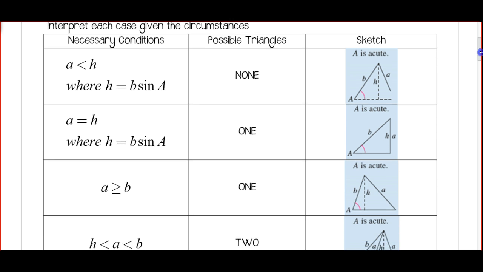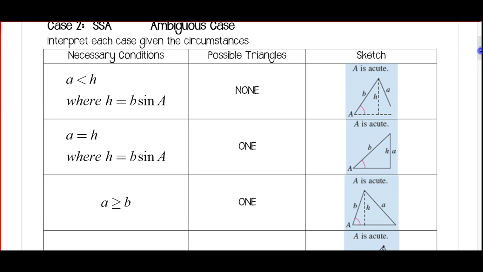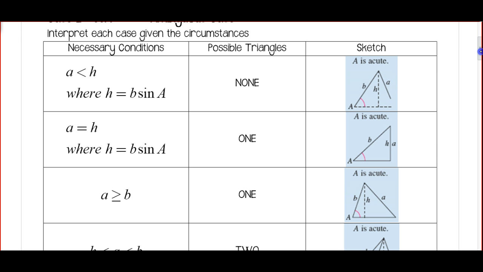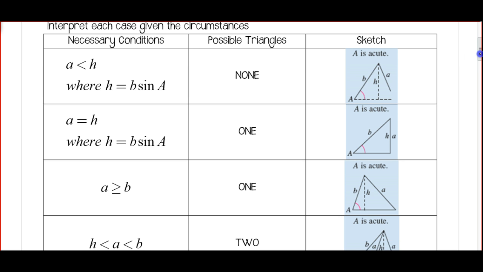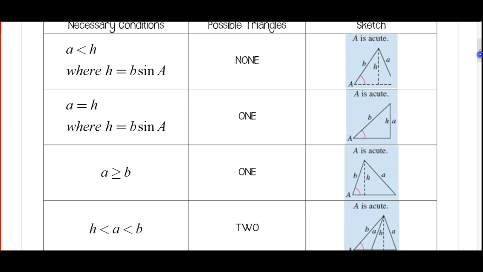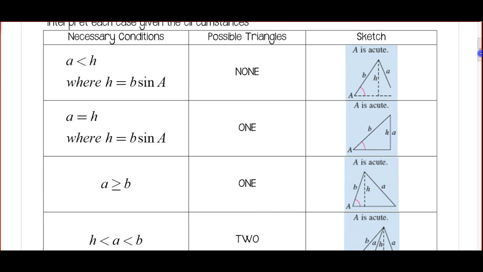So this first page of our notes here is a chart which outlines different conditions and the number of possible triangles with a picture to go with it. And to be honest, if you like this kind of thing and you want to memorize all this and figure out what it is, feel free to do that.